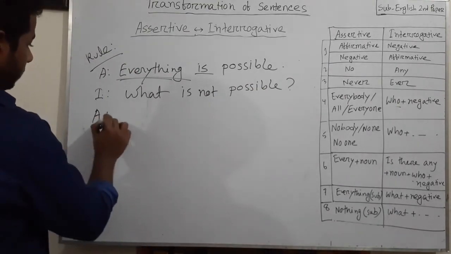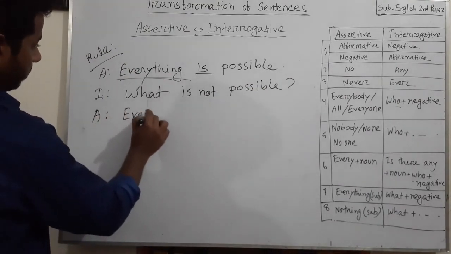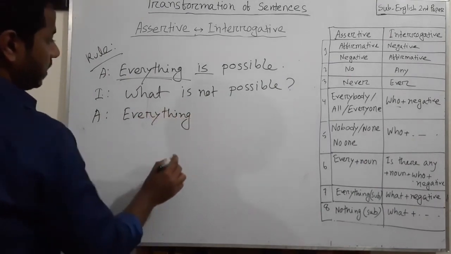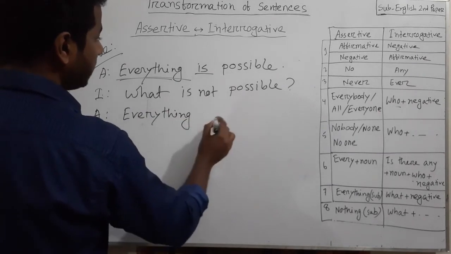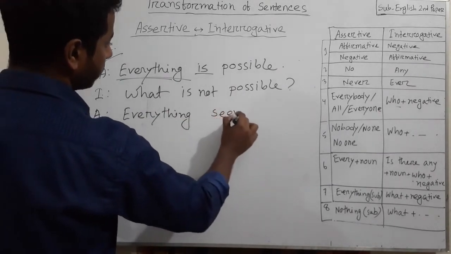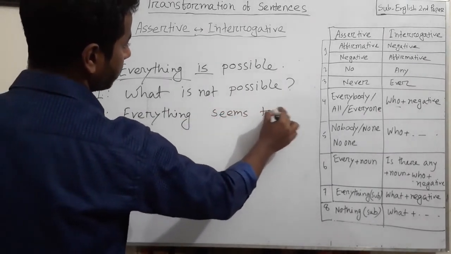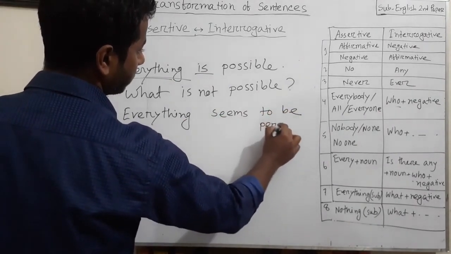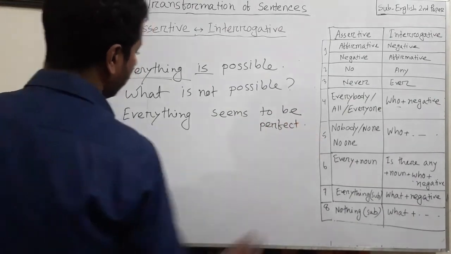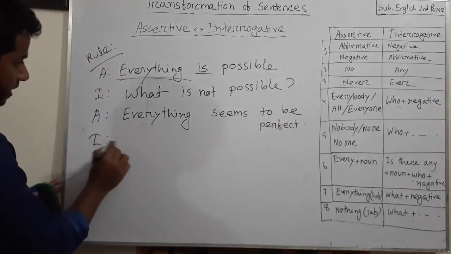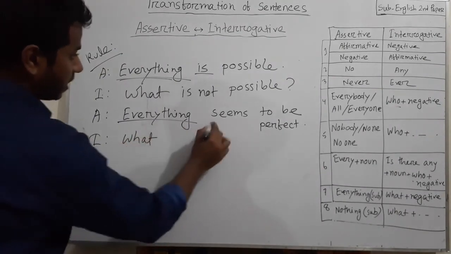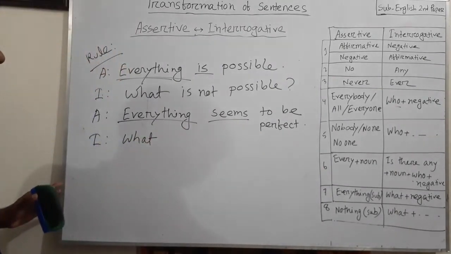Another example: everything seems to be perfect. Okay, then in the interrogative sentence, instead of everything write what, then it will be negative form.